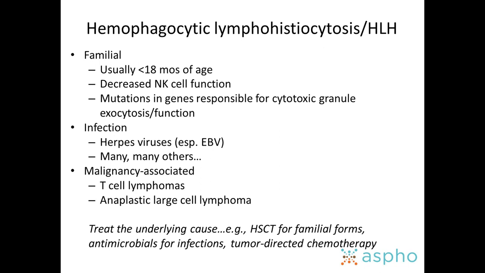And lastly, and this was an example of this, was malignancy-associated HLH, particularly T-cell lymphomas such as hepatosplenic gamma delta T-cell lymphoma, but we also see it relatively commonly in patients with anaplastic large cell lymphoma. It's important to distinguish what the basis of the HLH phenotype is, because one really needs to treat the underlying cause.